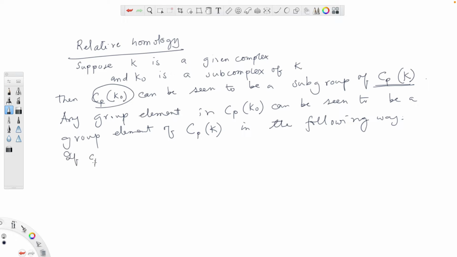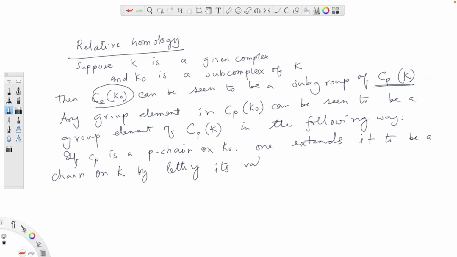If small c sub p is a P chain on the subcomplex K0, one extends this P chain on K0 to be a chain on the whole complex K by letting its value be 0 on each oriented P simplex of K that is not in the subcomplex K0.